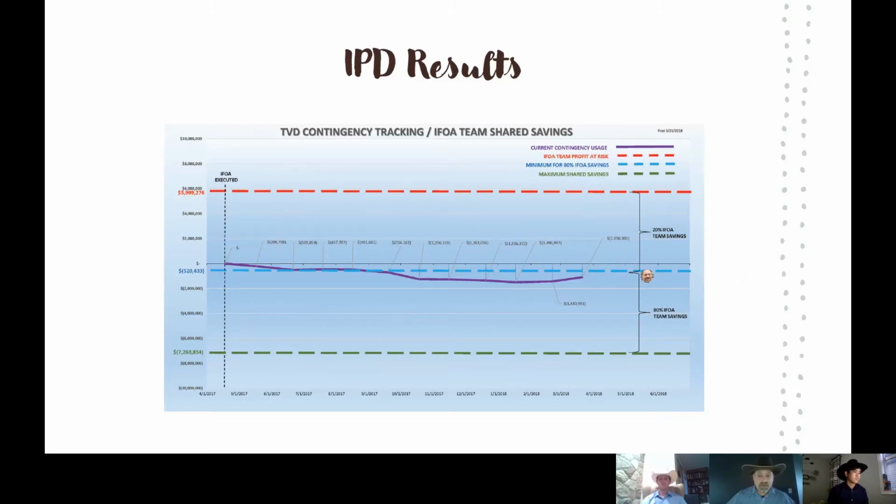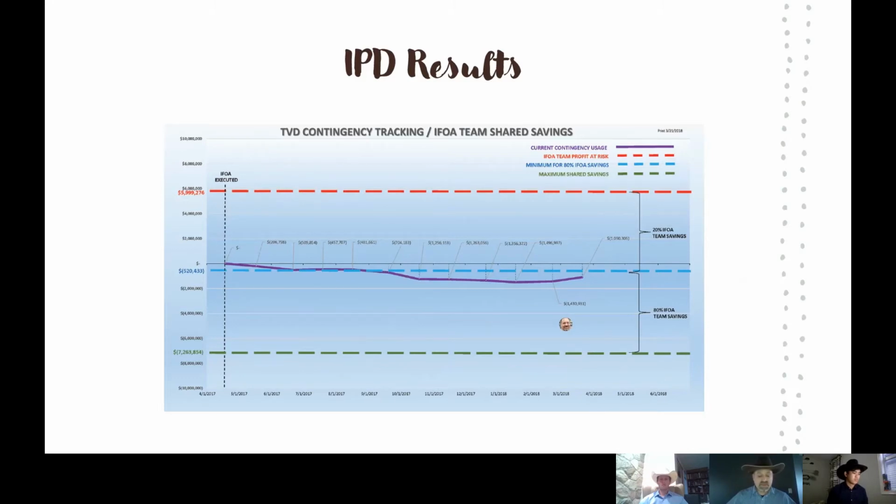The zone between the dotted red line, right up in here, and the blue line is the middle. It indicates where the IPD team will receive 20% of any savings as profit. Now the area down here, that makes up 80% of the savings as profit.